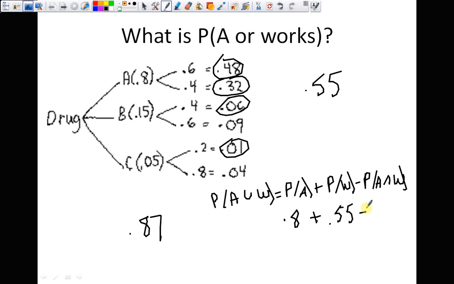And then we take away the probability of using A and it working, which is 0.48. You can verify that 1.35 minus 0.48 is our 0.87.